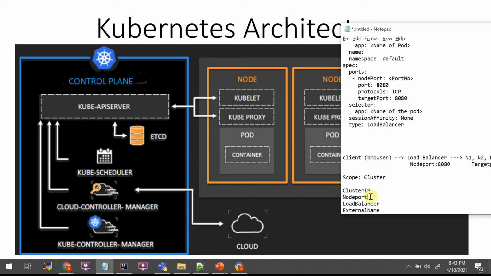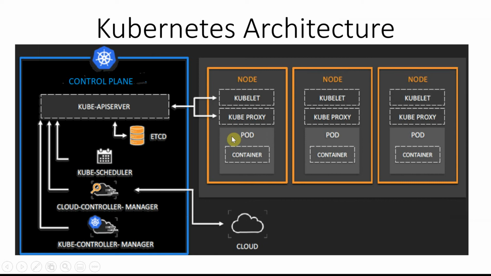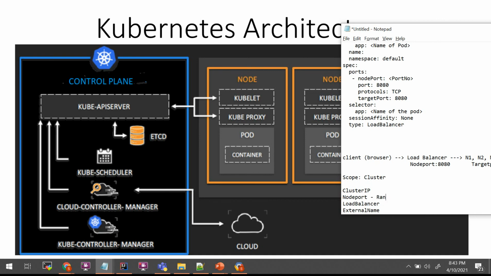And if the scope is node port, it means you want to expose this service within a specific range of ports on the nodes. I don't want to give all ports open; I want to be very selective in giving a range of ports. Only within that range can it be accessed, and you can't associate a port outside this range, otherwise it won't work.